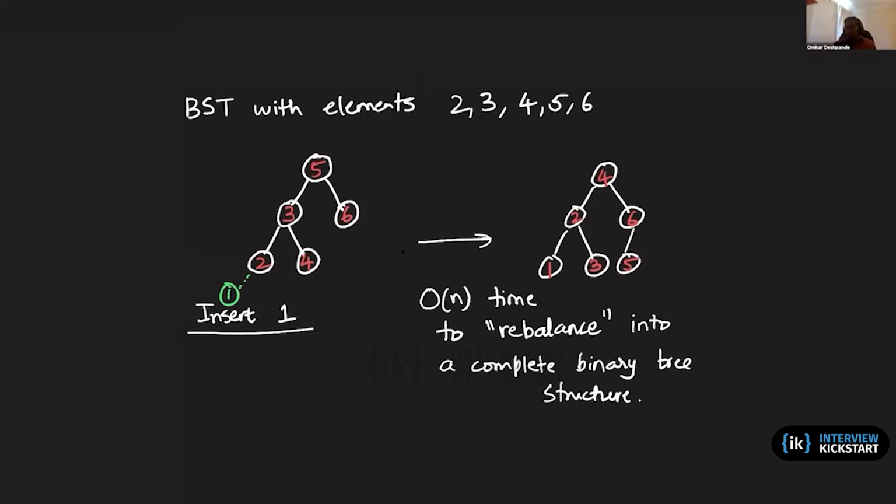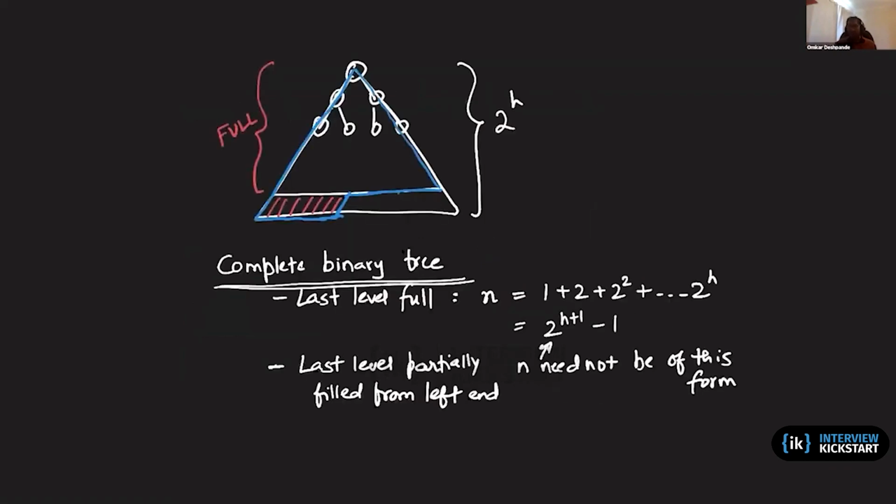Oh, so here we are trying to impose a particular shape on the binary search tree. We are saying we want a binary search tree that is balanced, and balanced in this particular way with this particular structural property, that every level except the last level should be completely filled, and the last level, to whatever degree it is filled in from the left hand.